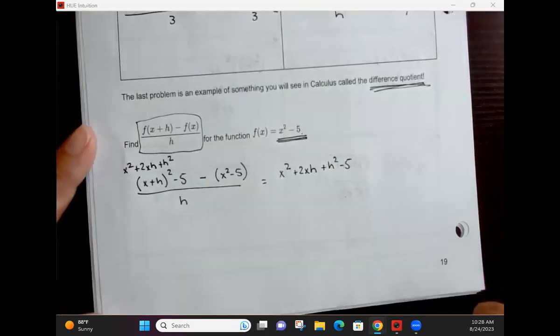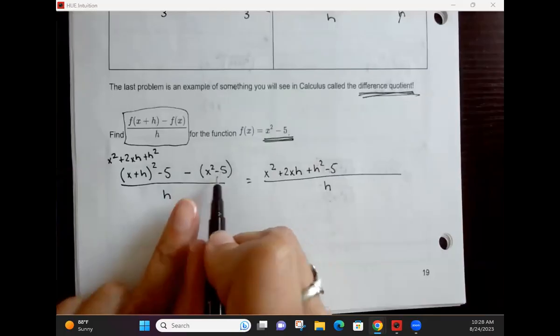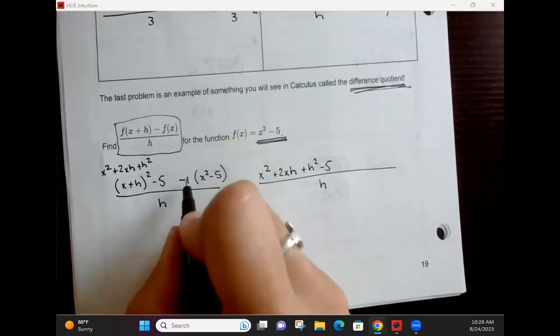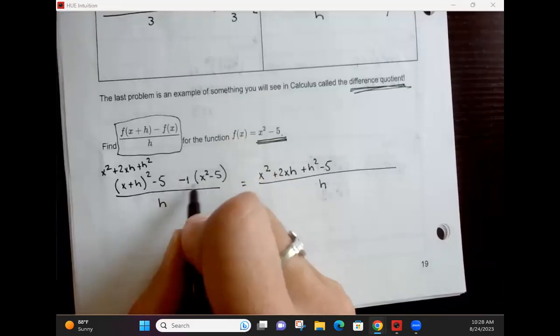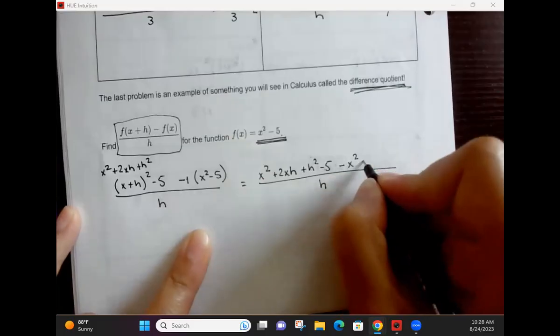There really isn't any combining I can do at that point. Over here, there's nothing for me to do except make sure I distribute through, if you think of it as distributing through the subtraction, so we'd have minus x squared plus 5.